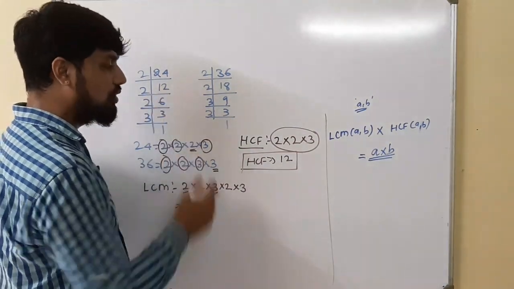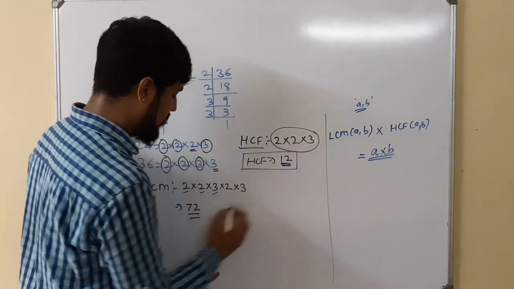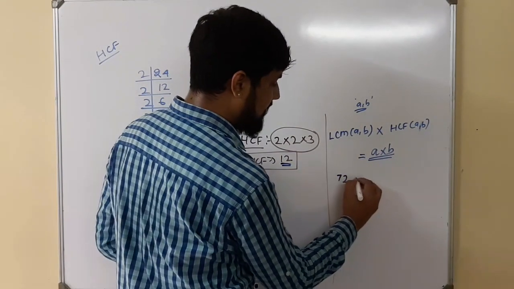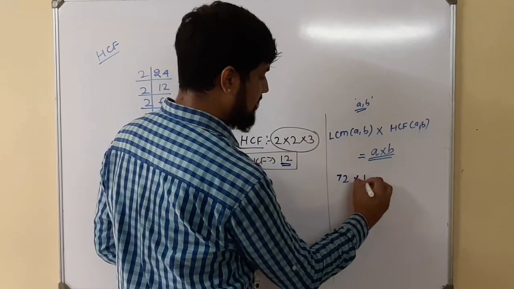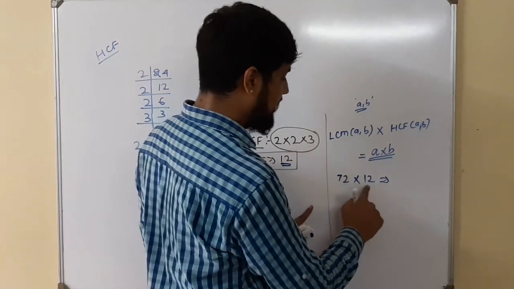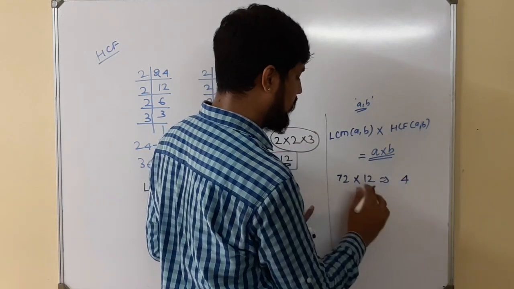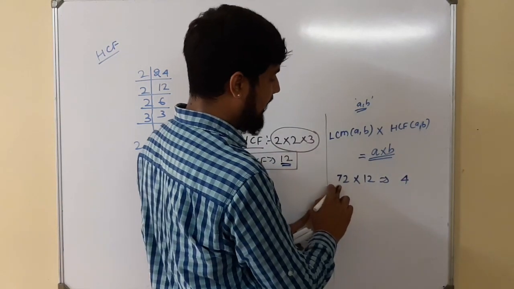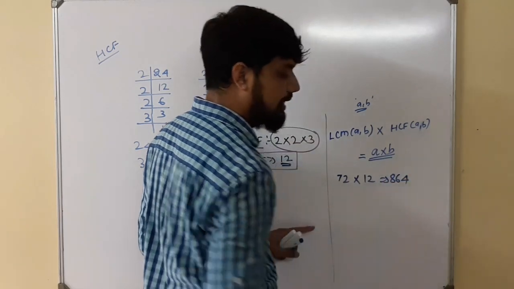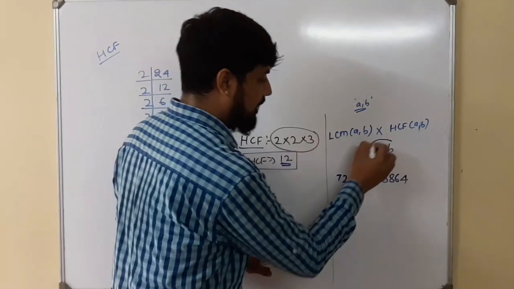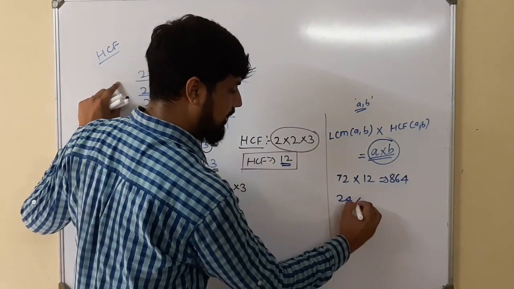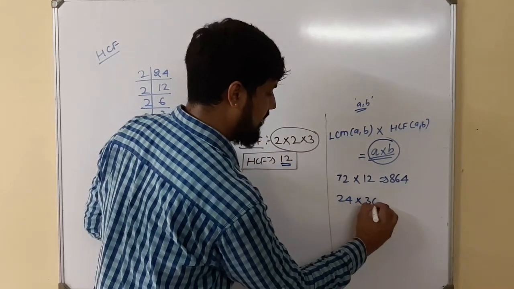Now see, for these two numbers, our HCF is 12, LCM is 72. So LCM 72 multiplied by HCF 12. When we multiply, 12 2s are 24, 12 7s are 84, 84 and 2, 86. So 864. Now the product of the two numbers, A multiplied by B, the first number is 24 and the second number is 36.